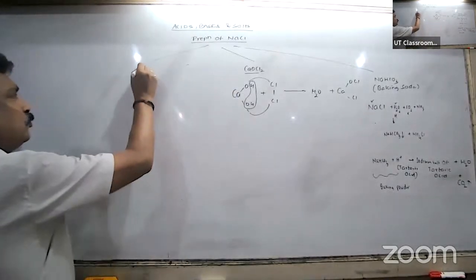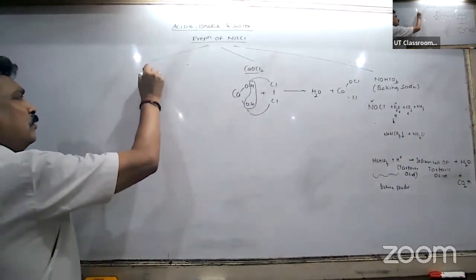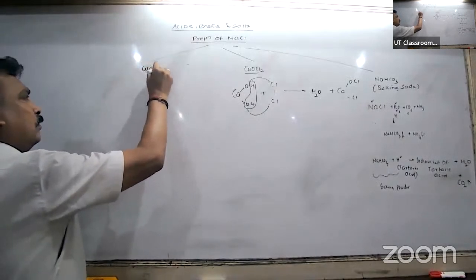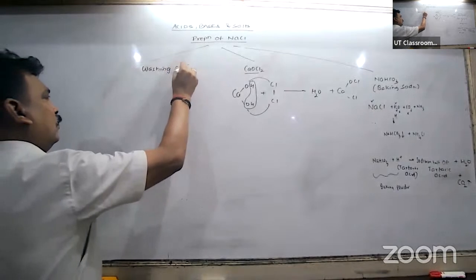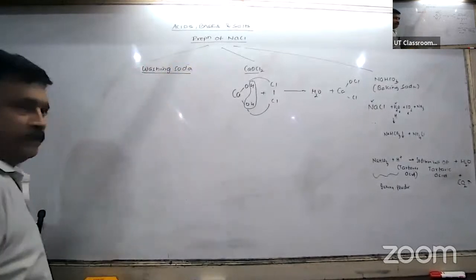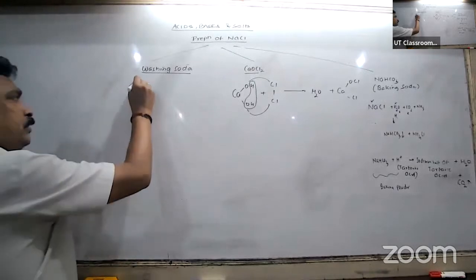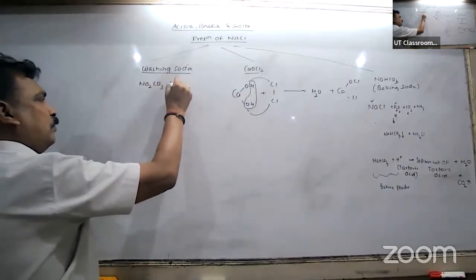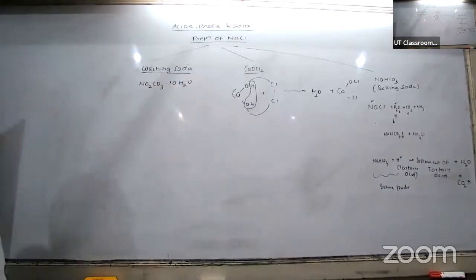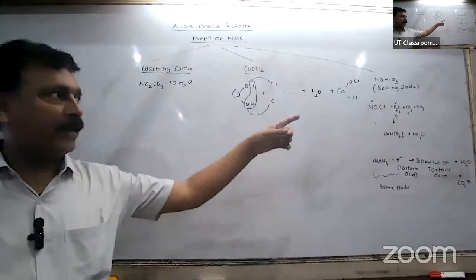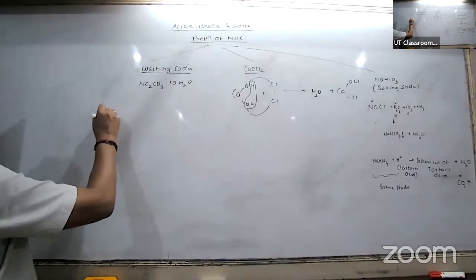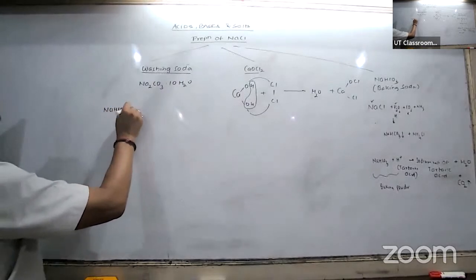Now the fourth compound is sodium carbonate, which is washing soda. What is washing soda basically? The formula is Na2CO3 with 10 water molecules. How do you prepare this? If you want to prepare Na2CO3 directly, you can prepare it from NaHCO3 when you heat it.